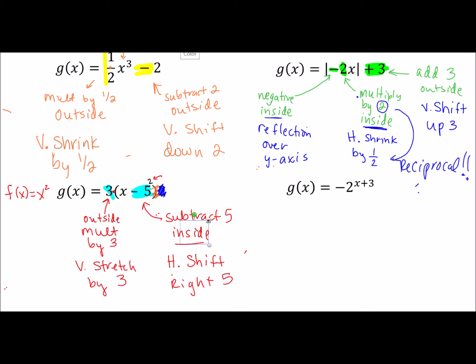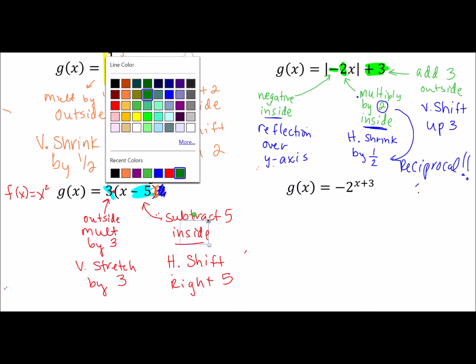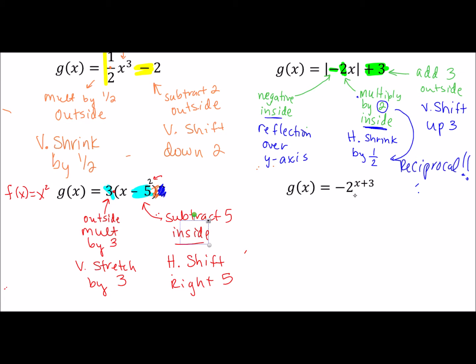All right, this next one right here, you can see, again, you're going to have to learn to read your parent functions, but it's got an x up in the variable, and there's only one of them that had the x up in the variable, and that was the exponential. So f of x equals 2 to the x, same base, that part won't change, and the x was usually alone by itself.